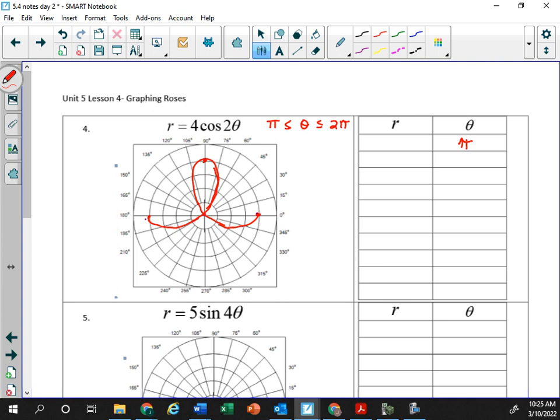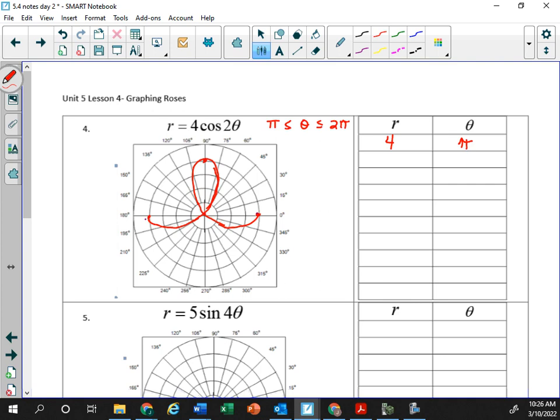When we plug pi in, theta's pi, so if I put a pi right there, isn't that now saying cosine of 2 pi? Okay, what is the cosine of 2 pi? 1 times 4. Okay, so that's our first point.